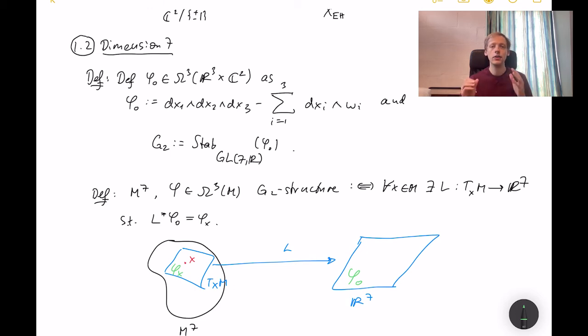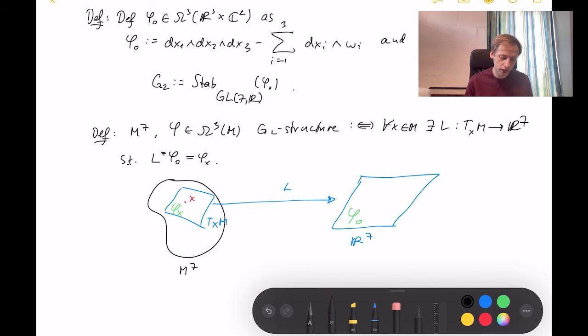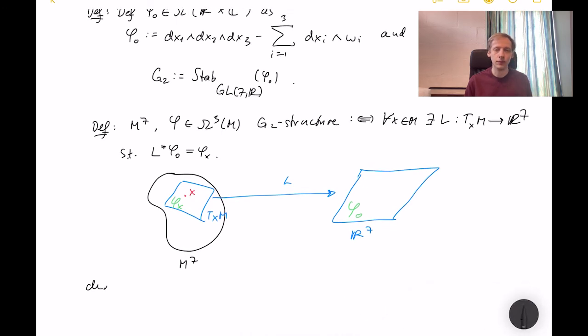Right, so that definition is extremely abstract. It doesn't tell you a whole lot, but the good thing is we can extract one extremely concrete object from such a G2 structure. And that goes like this. You can check that G2 is contained in SO7.